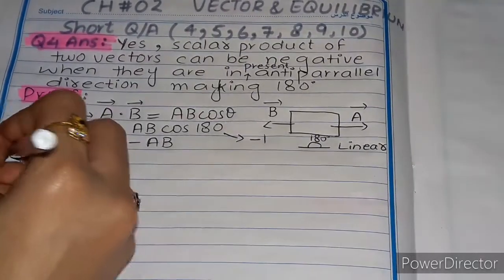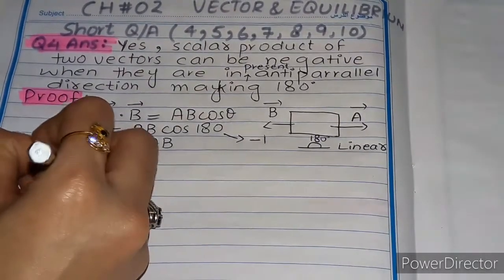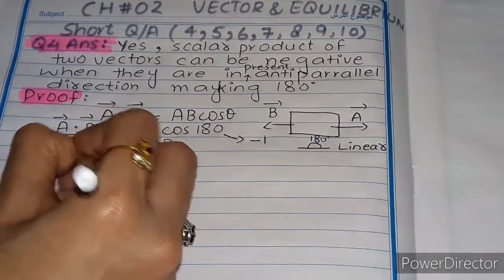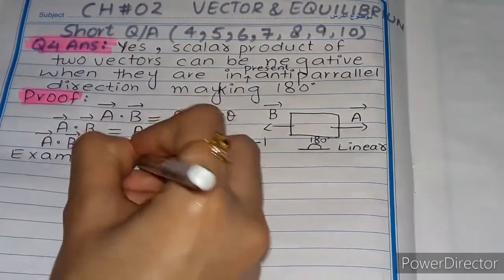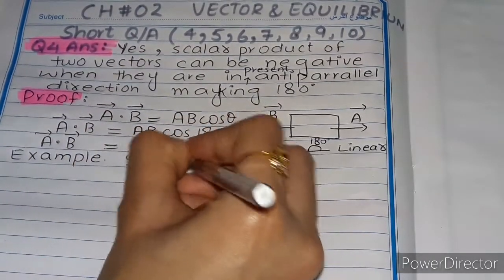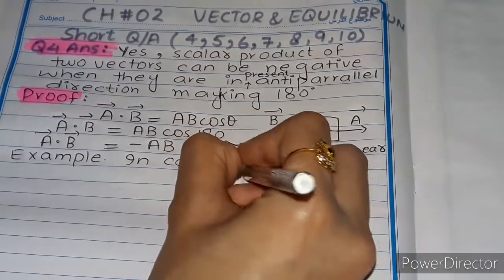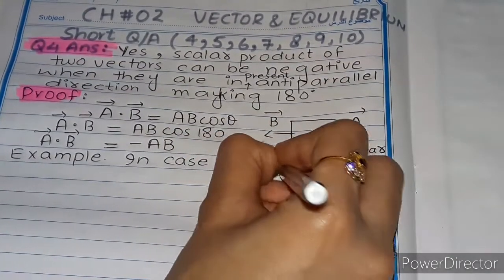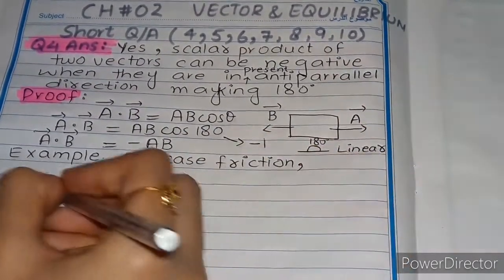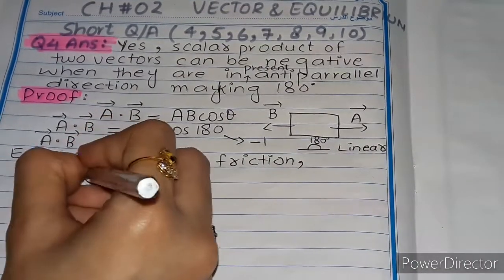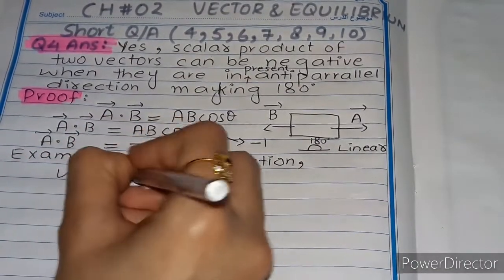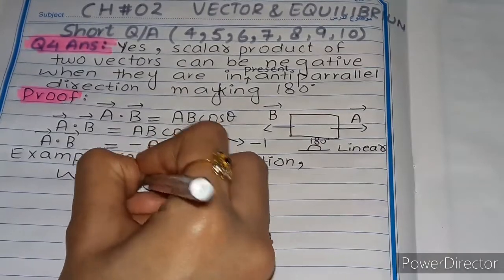Now we have to give example. In the case of friction, work done is equal to force dot displacement.